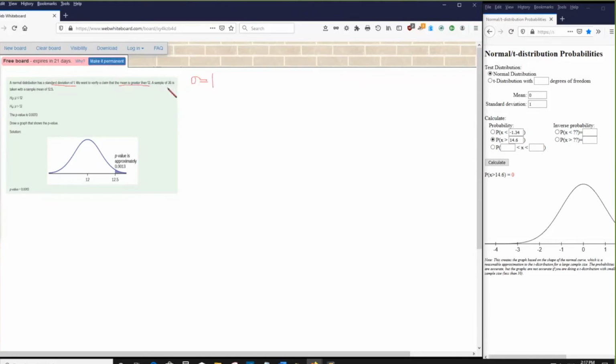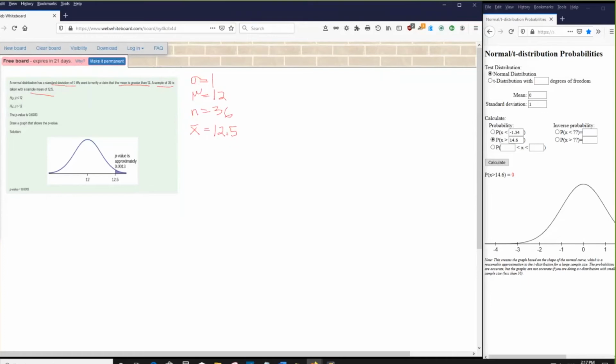And we have a sample of 36. Okay, so our mean is 12, and we're given a sample of 36, and we're given a sample mean of 12.5. So this is the data that they've given us.